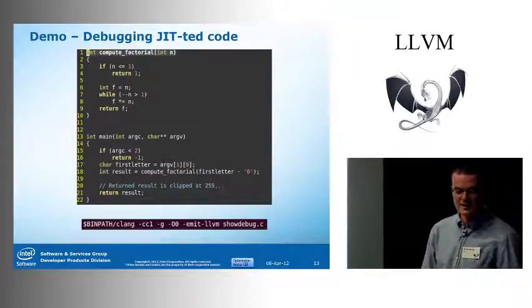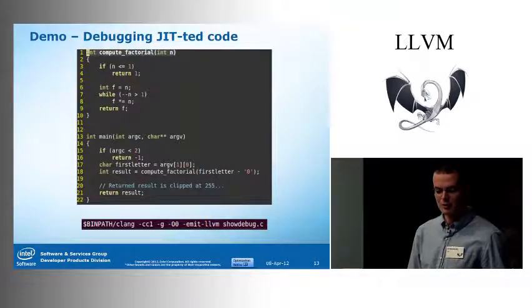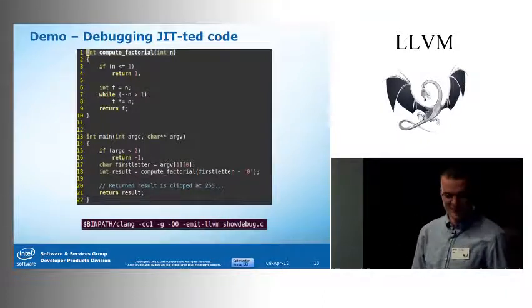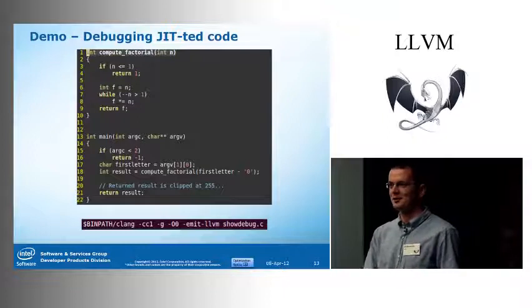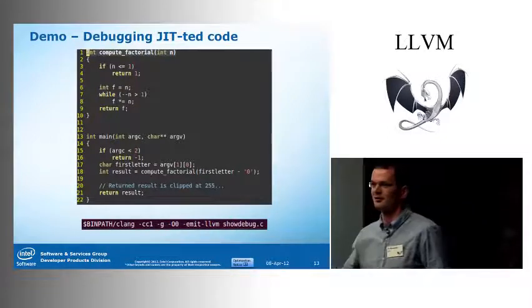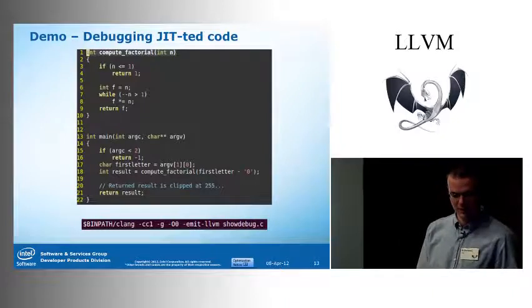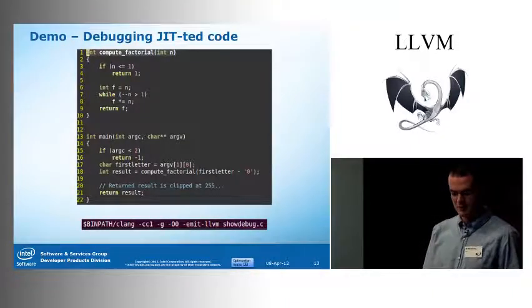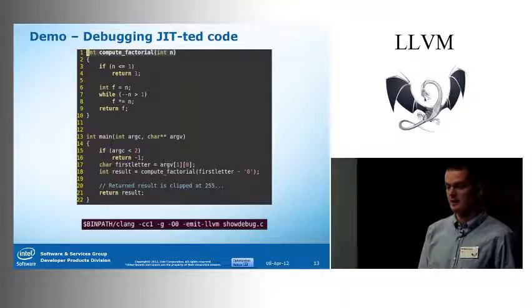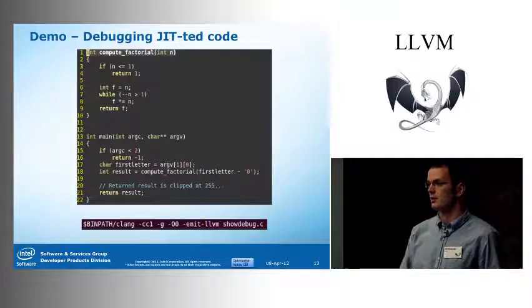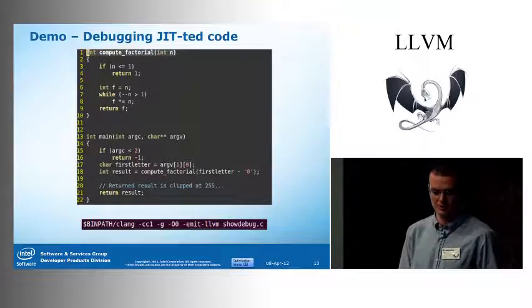So this is a simple iterative factorial computation and a simple main function in which, in order not to get dirty with libc, I accept a parameter from argv and return the result in the return code of the program. So what do I do with it? I take Clang and I compile it with the -g flag as usual into LLVM, because I'm going to debug it with debug LLI that executes the LLVM resulting from this.